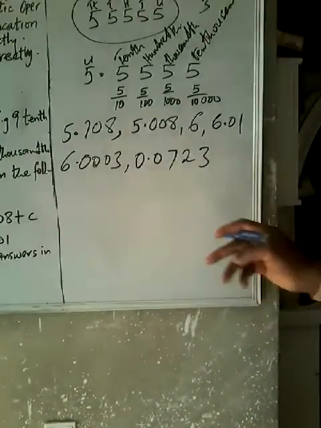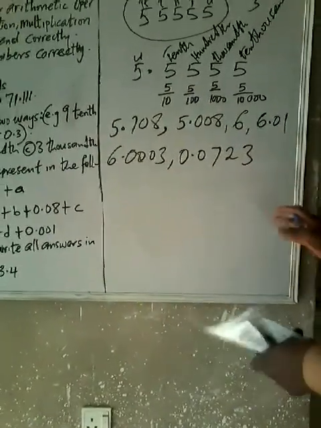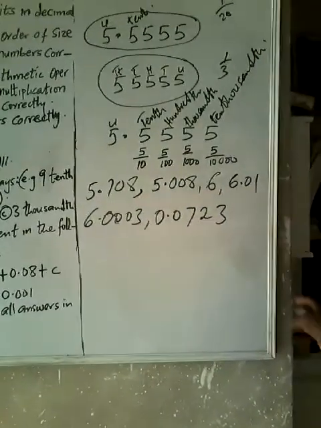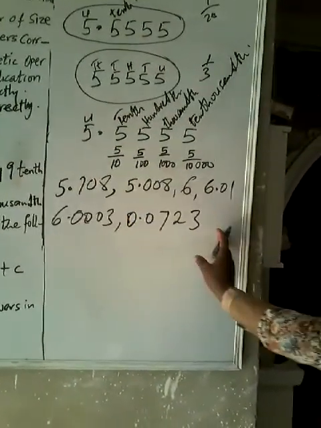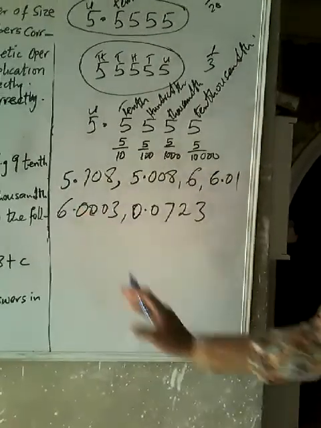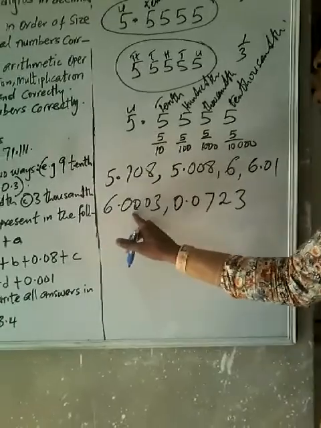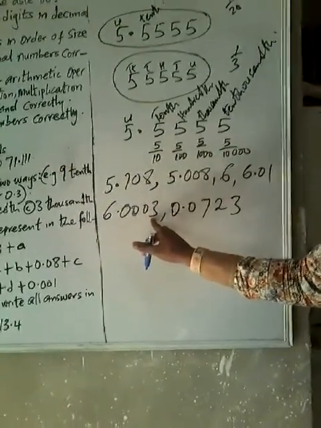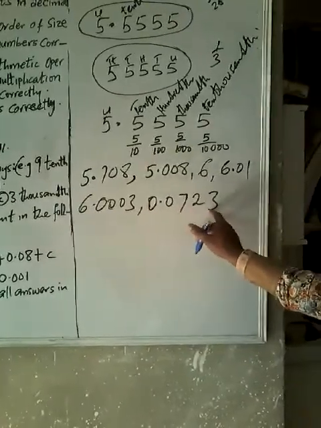0.0723. If you are to arrange these in ascending order, starting from the smallest to the biggest, the smallest of these numbers is not the one that has the longest number of digits. This number has 5 digits. This one also has 5 digits.